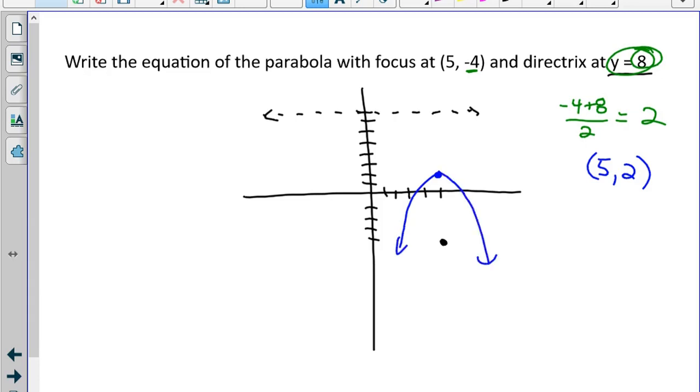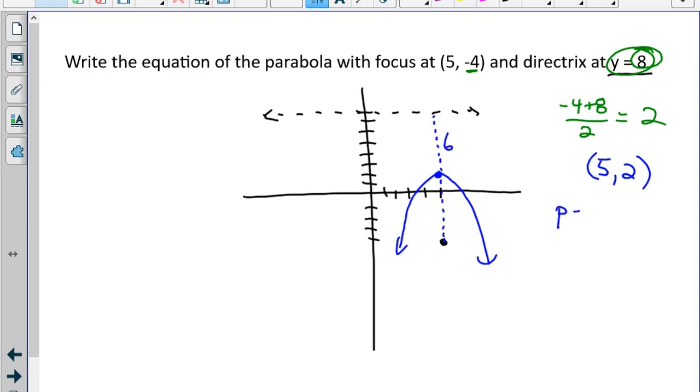The wideness of how it opens is related to how far apart the focus and the directrix are. So p in this case is going to be the distance from either the focus to the vertex or the vertex to the directrix. So in either case, this length is 6.